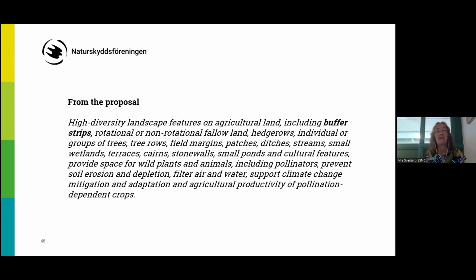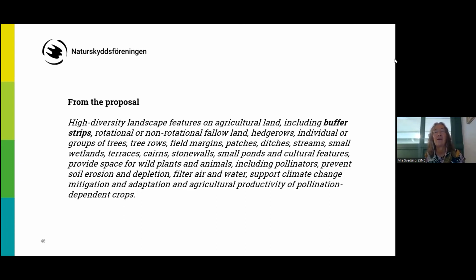So this is a quote from the proposal. High diversity landscape features on agricultural land, including buffer strips, rotational or non-rotational fallow land, hedgerows, individual or groups of trees, tree rows, field margins, patches, ditches, streams, small wetlands, terraces, cairns, stone walls, small ponds, and cultural features, blah, blah, blah.